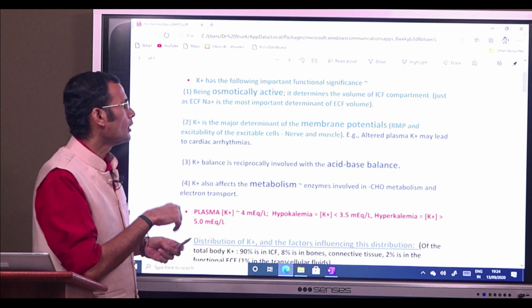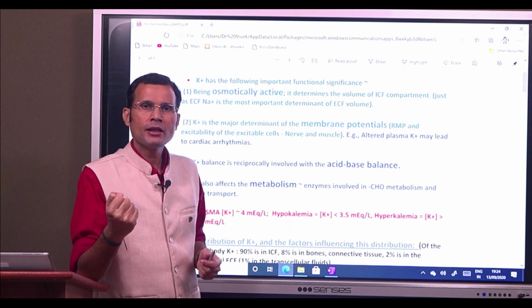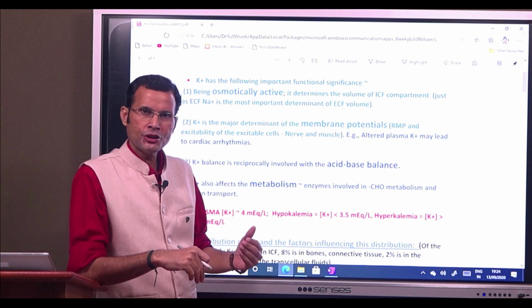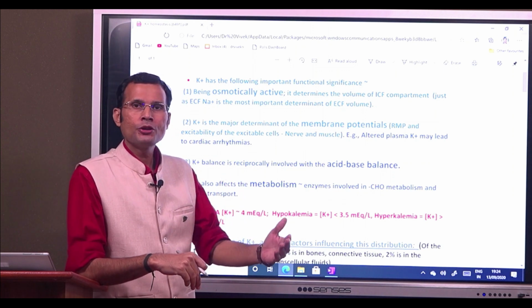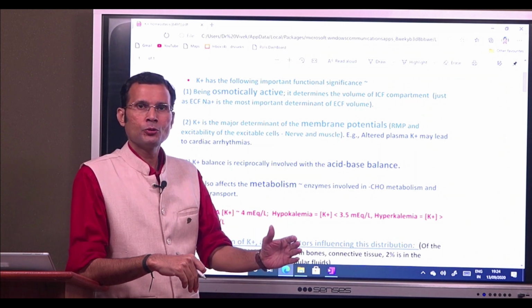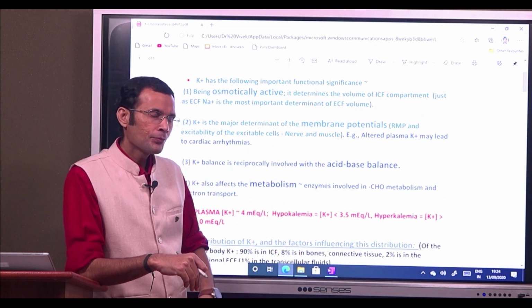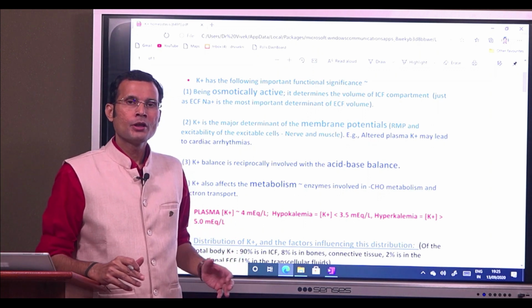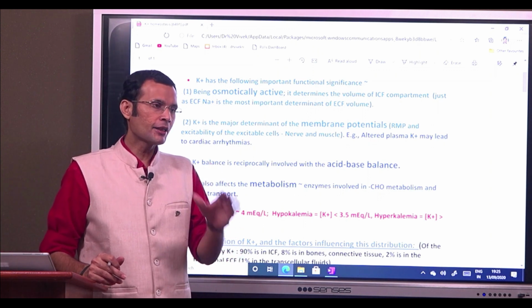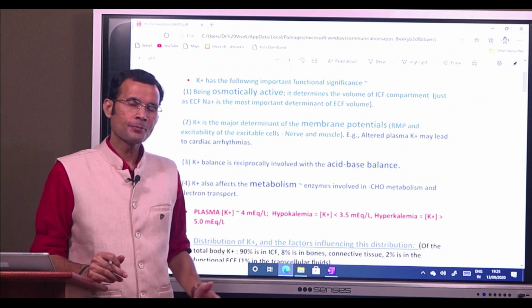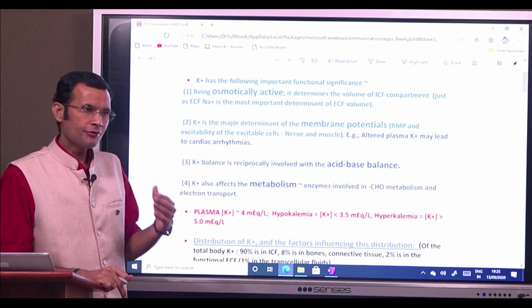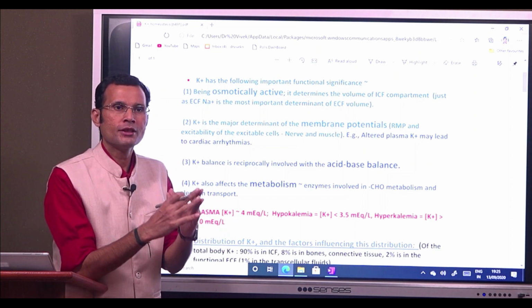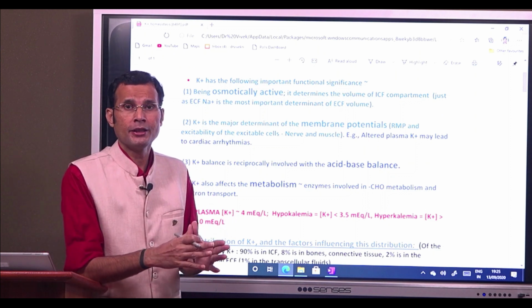You know, nerve and muscle are the excitable cells, and potassium is going to diffuse out and repolarize those cells after they excite. So, anything that alters the plasma potassium is going to alter this activity of repolarization, and if that is affected, then the further excitability of the cell itself is affected.